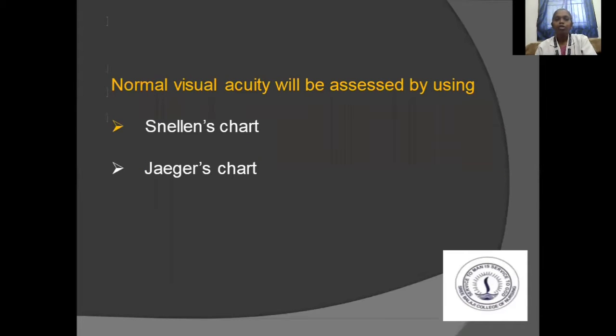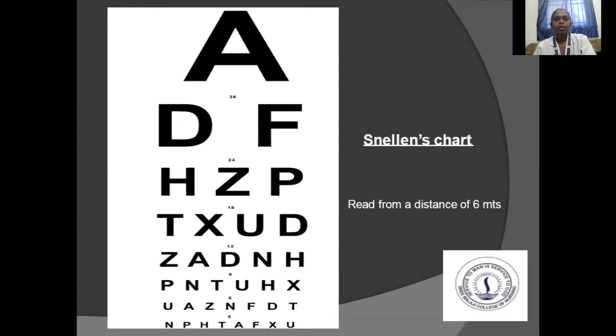We check visual acuity by using the Snellen chart or Jaeger chart. These are the two charts which help us check whether a patient has normal visual acuity. This is the Snellen chart. We read the Snellen chart at a distance of 6 meters, so make the patient stand 6 meters away. Each eye is checked separately.